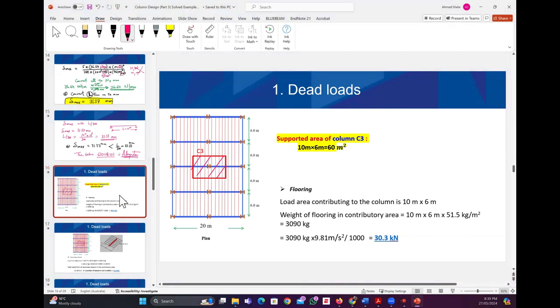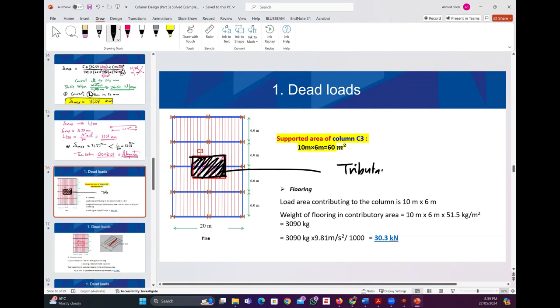If we look at the column, what does this area mean or indicate? This black area is called the tributary area of the column. What is the dimension of this tributary area?